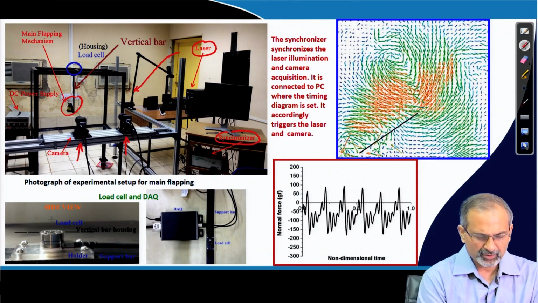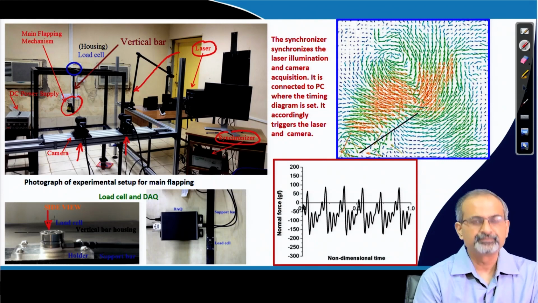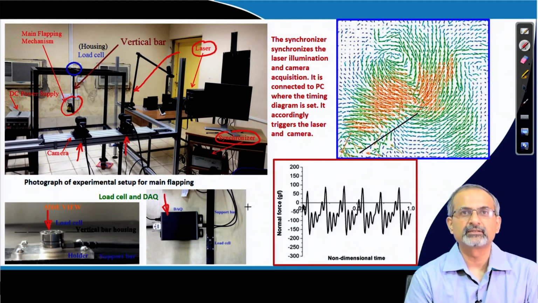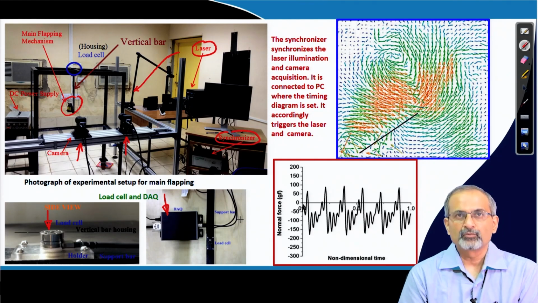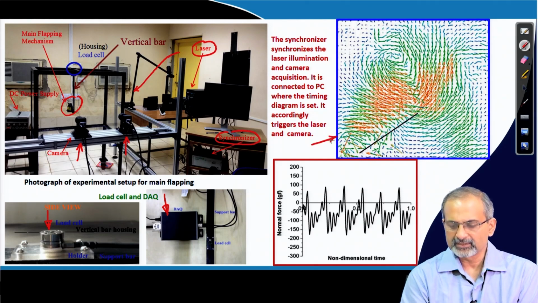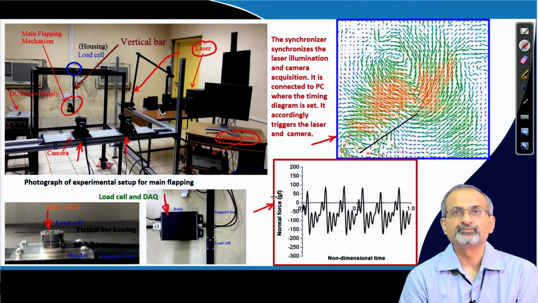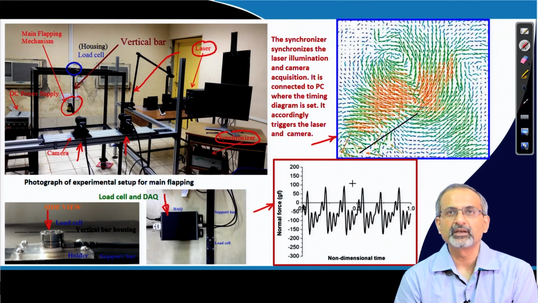You have close-ups of the load cell and the DAC which is associated with the load cell. Once you perform the experiments, then you will get simultaneous measurement of the velocity field using your PIV system.